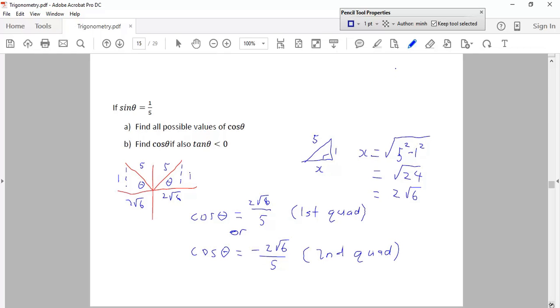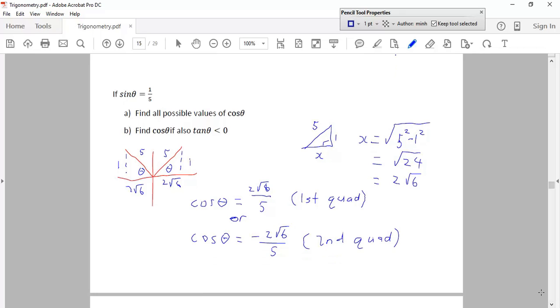Alright. So for the second bit, find cos theta if also tan theta is less than 0. So that gives us an extra condition now. So we know that it can't be that first quadrant because tan's positive there. So it has to be the second quadrant.